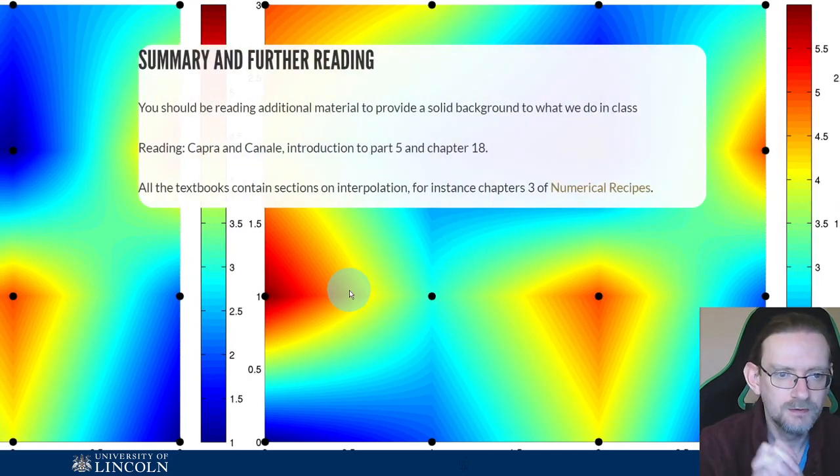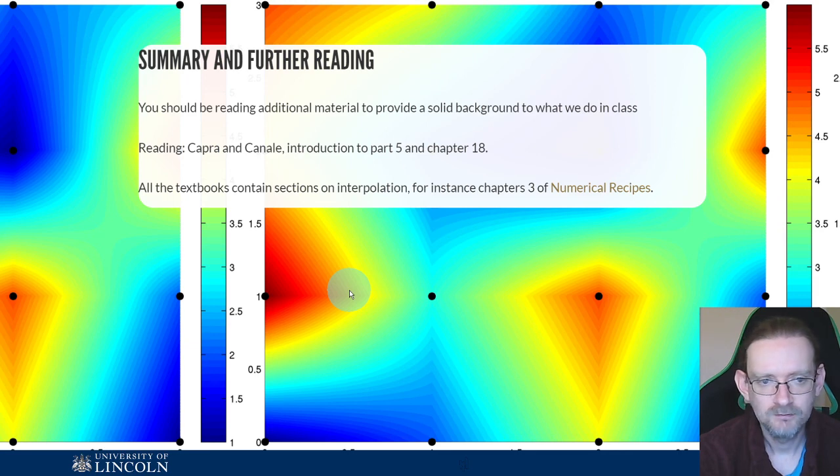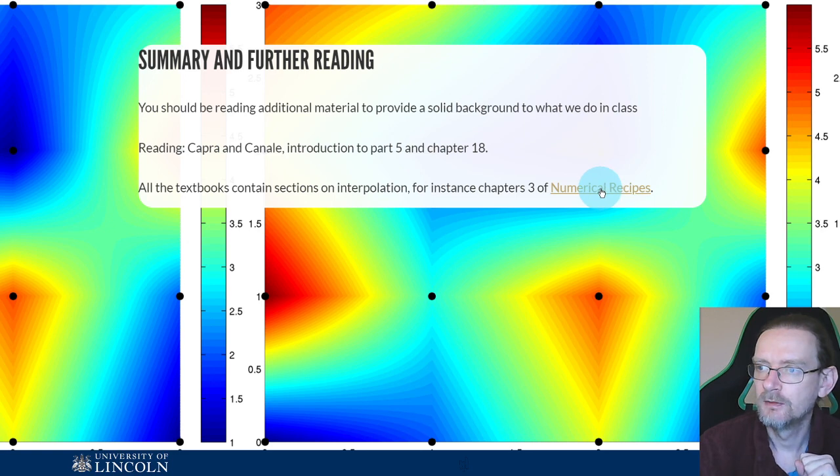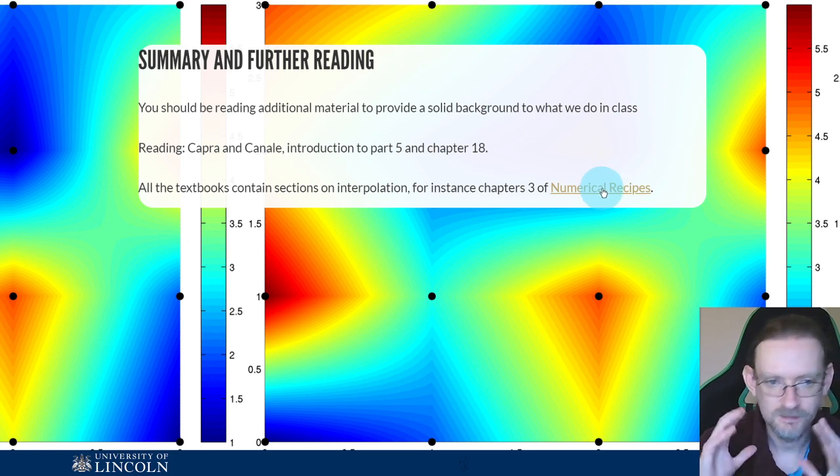So that's what I wanted to say on interpolation. As normal, I've glossed over some technical details, particularly the error terms and so on. I suggest you read further, have a look in one of the books, have a look online. Wikipedia is pretty good for this. Numerical Recipes, again, is fantastic, but you need to enable Flash, etc.